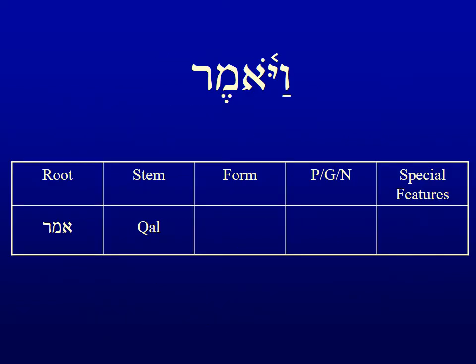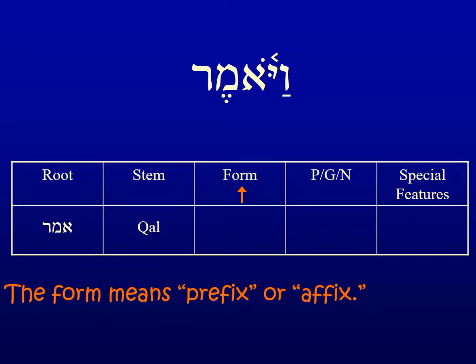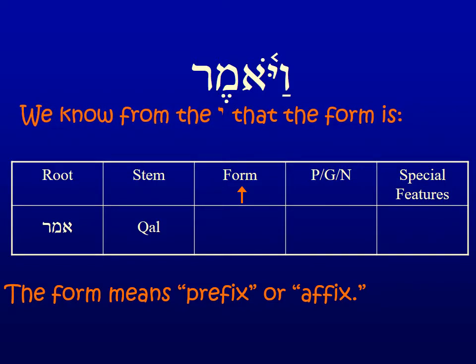Okay, now we can return to our verb chart. We know the root and the stem. The next question is about the form. You have learned that the choices are prefix or affix. You've learned that this is a prefix form. The next question is about person, gender, and number.